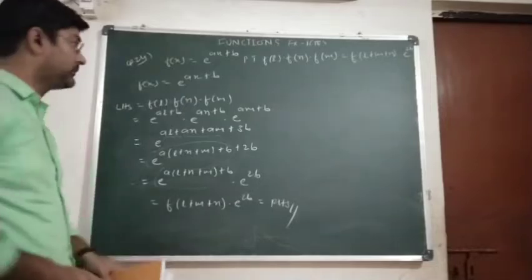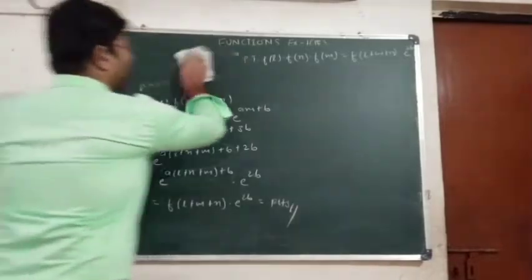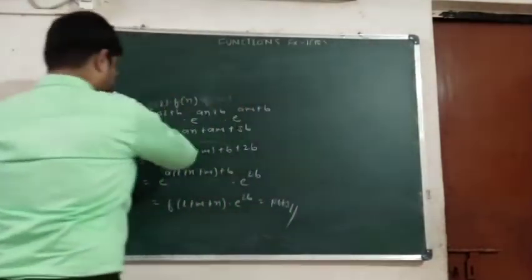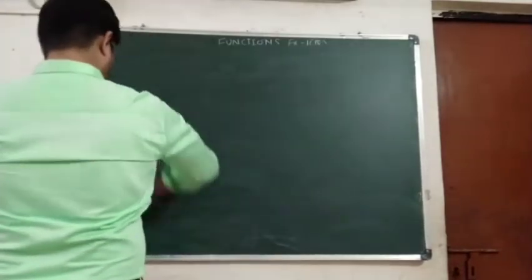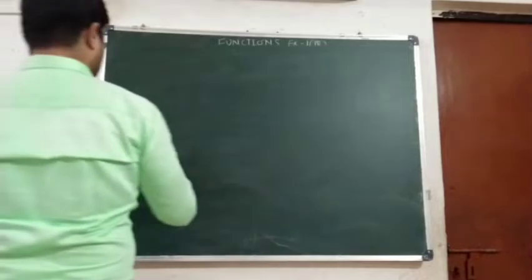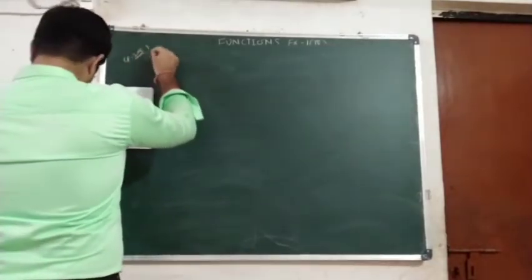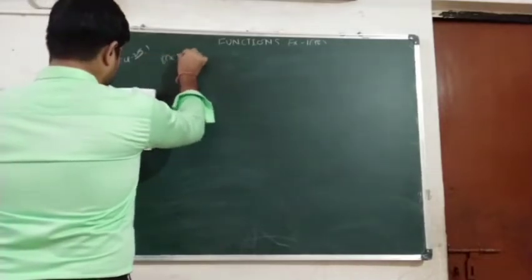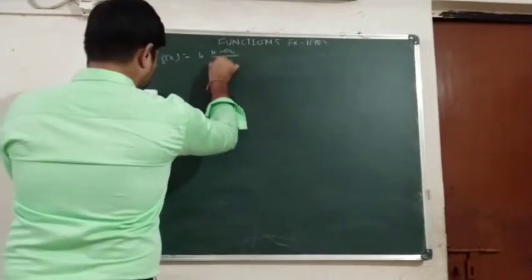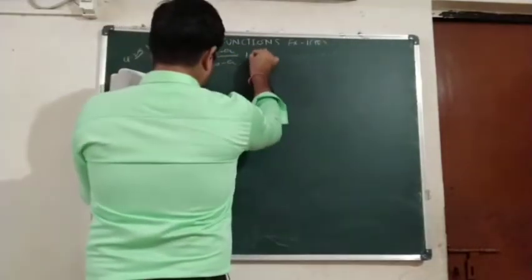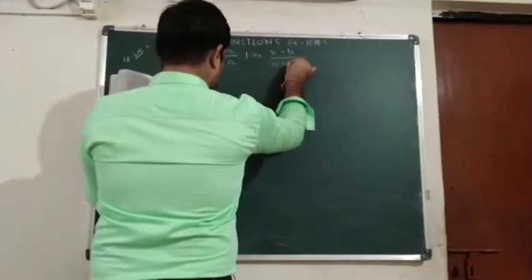Okay, now next question number 25. Function f of x is given to be b into x minus a upon b minus a plus a into x minus b upon a minus b.